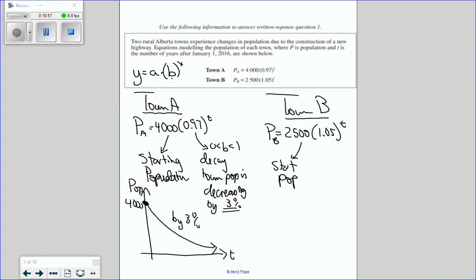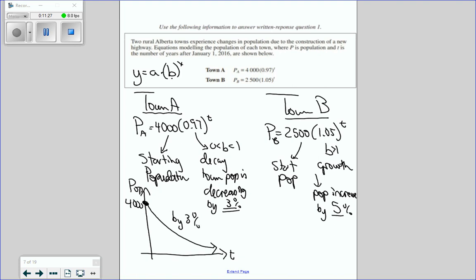Now this B value is bigger than 1. So it's growing. So the population is increasing by what? How much? What percentage? It's not 1.05. It's not 105. It's 5.